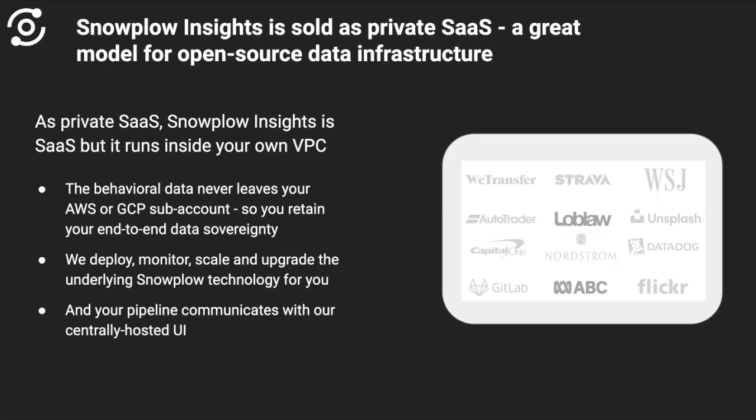It means the behavioral data never leaves your AWS or Google Cloud sub-account, so you retain end-to-end data sovereignty, even as a paying customer of Snowplow. We deploy, monitor, scale, and upgrade the underlying Snowplow technology for you, so it stays up to date and highly performant. And that pipeline, the underlying engine sitting inside your own sub-account, then communicates back to our centrally hosted Studio UI.